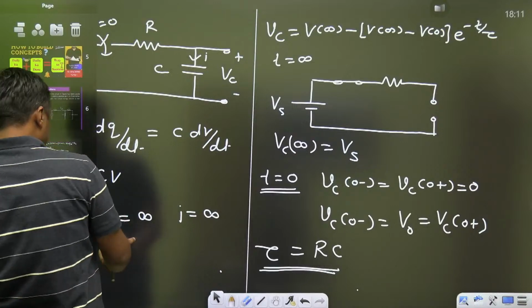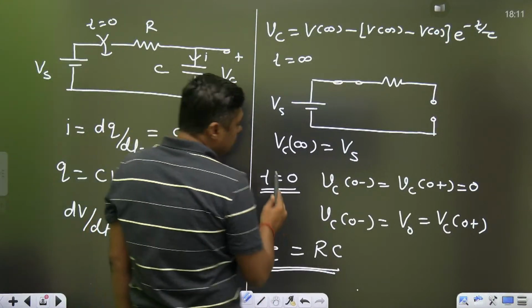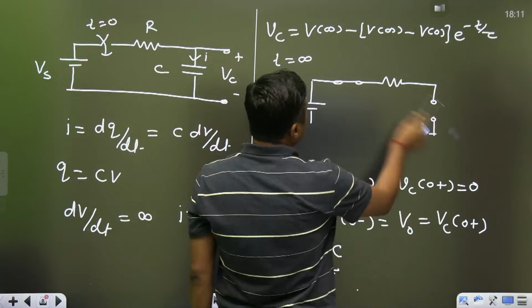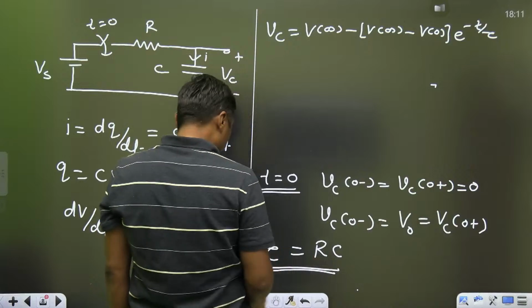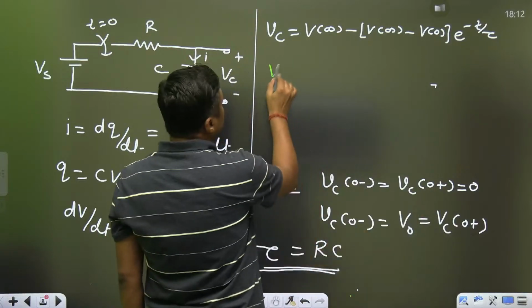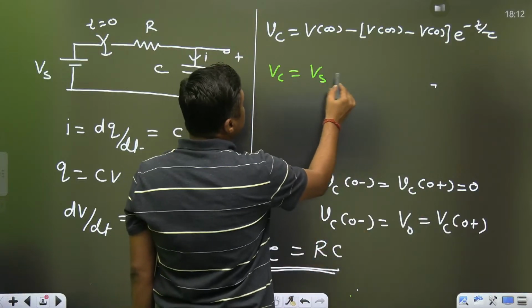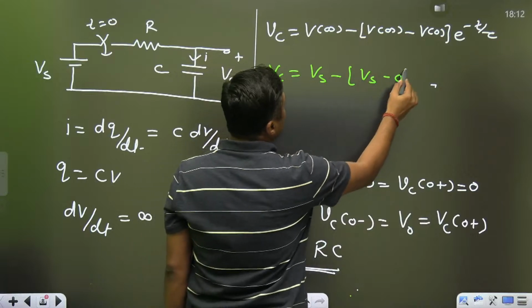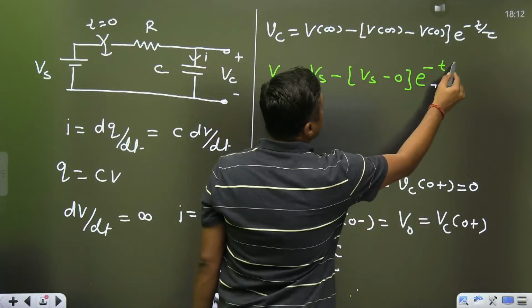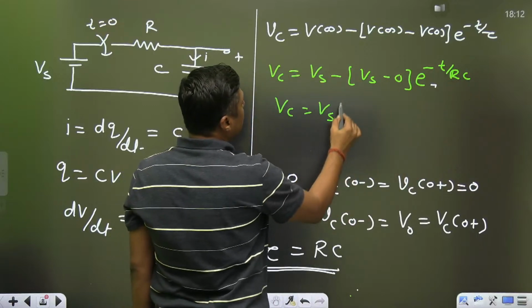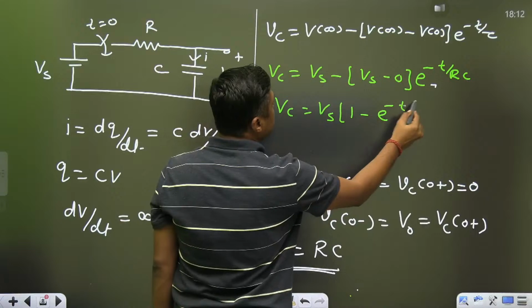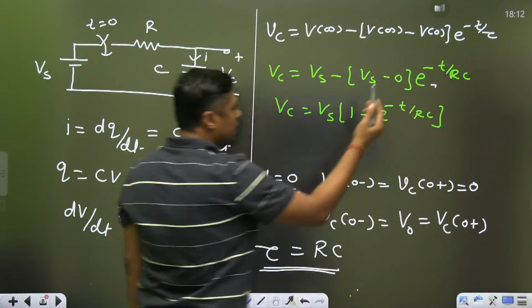First case, if the initial value is 0 and final value is Vs, then this will become Vs minus 0, e raised to power minus t by RC. And finally you will get Vc is equal to Vs times (1 minus e raised to power minus t by RC). Direct equation.